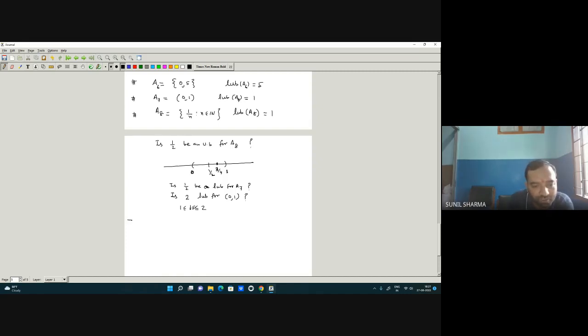Now my next question is, if we take any non-empty subset A of the real numbers R, and L is an upper bound for A, and Z is any element from set A, then what is the relation between Z and L?